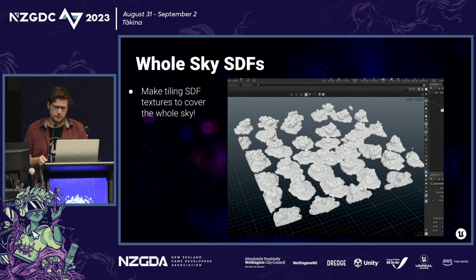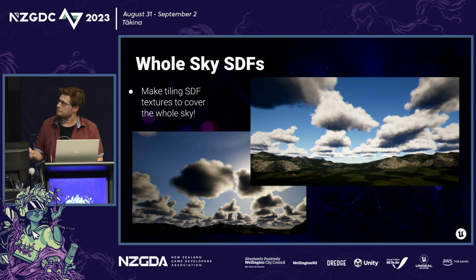Whereas now that we have this distance field, we're getting a bit more bang for our buck. And that means we can have quite large tiling textures that repeat, and we have a lot of control over where we add detail. They can expand still. We can control the edge softness using this distance field, and it's a really nice way to work with volumetric data.